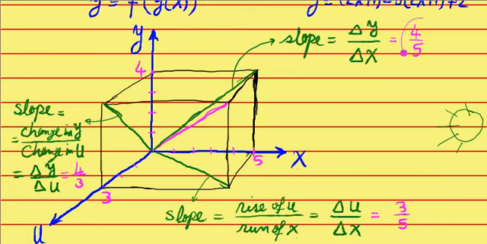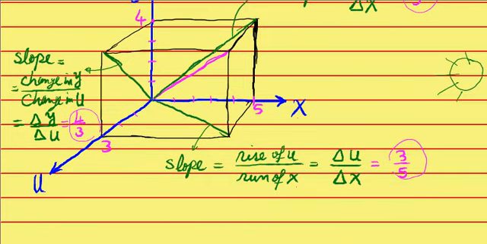Well, what's the connection of this to these two? It's obvious that this delta u that is in the denominator is the same as the delta u that is in the numerator there. So if you multiply these two, these 3's cancel, and you get 4/5, which is just that 4/5.